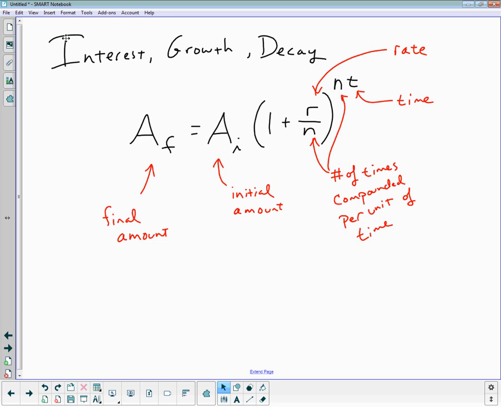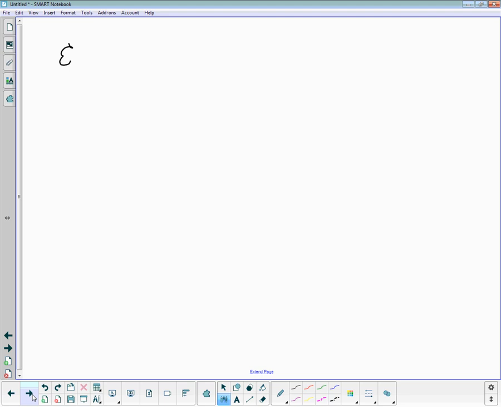Okay, let's do one example. Let's take my $100 deposit, 10%, simple interest, and then we'll compound it. So $100 initial, this is my amount initial, and my number of times compounding is once per year, so simple interest. For the record, simple interest sucks. It's lousy. You don't want it.